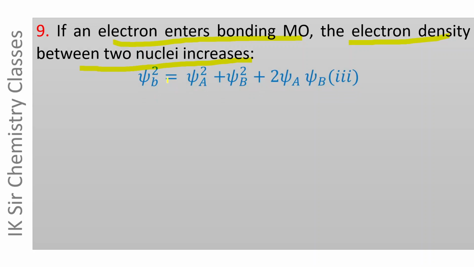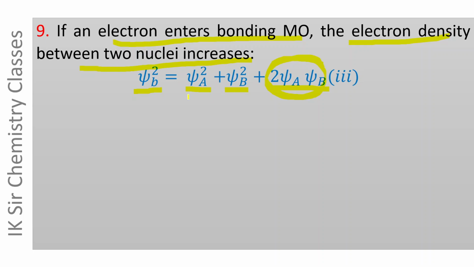Let us square both the sides in equation 1 on the previous slide. Psi b square will be equal to psi a square plus psi b square plus 2 psi a psi b. This electron density is greater than in the case of atomic orbitals.